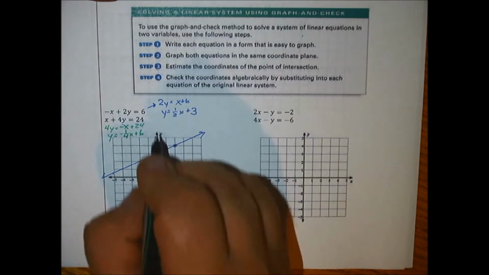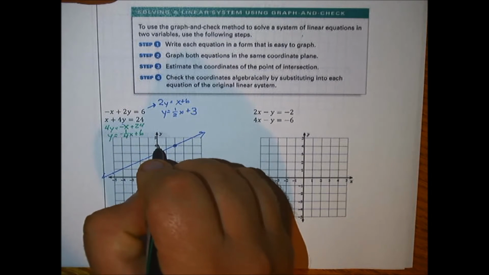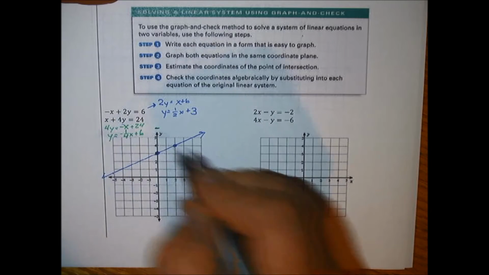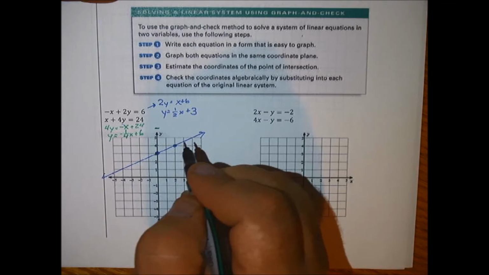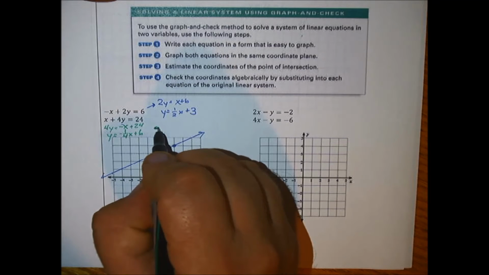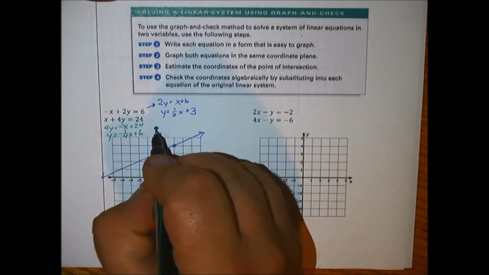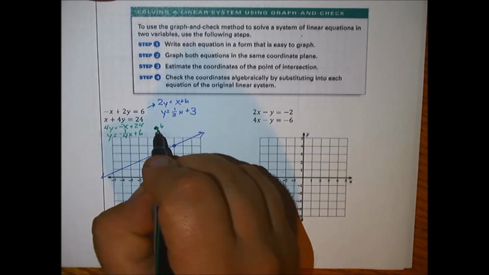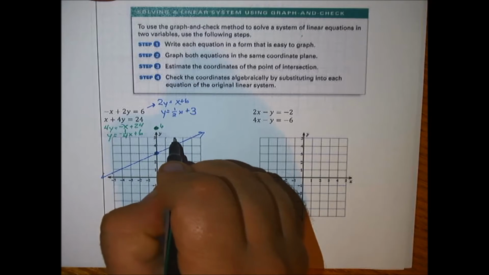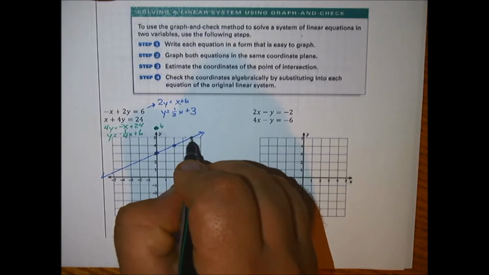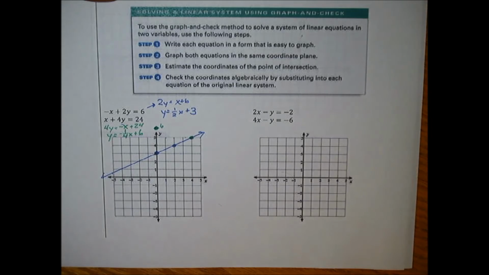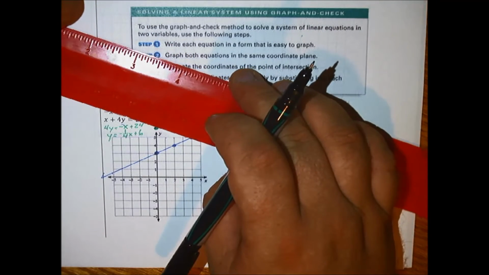This one didn't quite fit on my graph, but I'm going to try to estimate where that's going to be. So my y-intercept ought to be right here. That's 6. And I go down 1 and over 4, so that's going to be right there. Hey, I think I know where these two lines intersect.